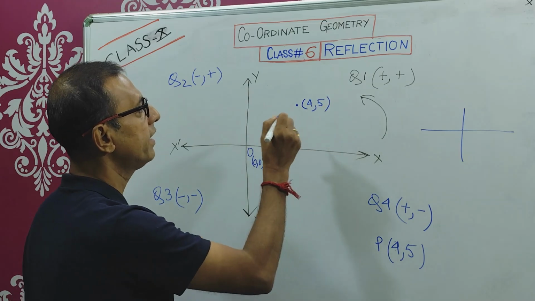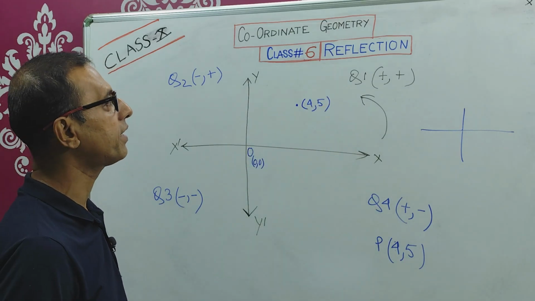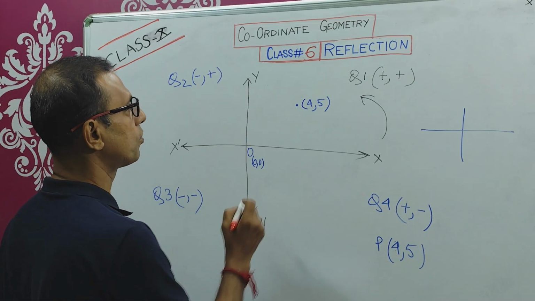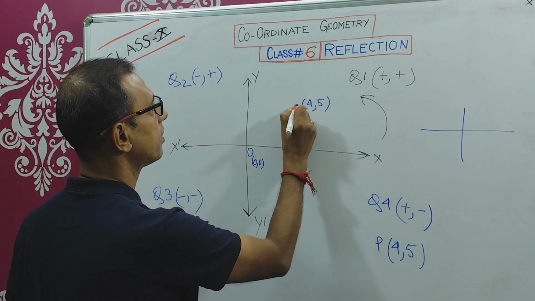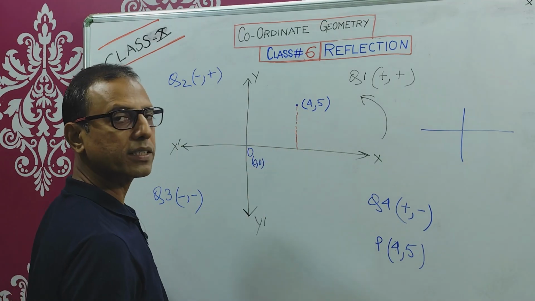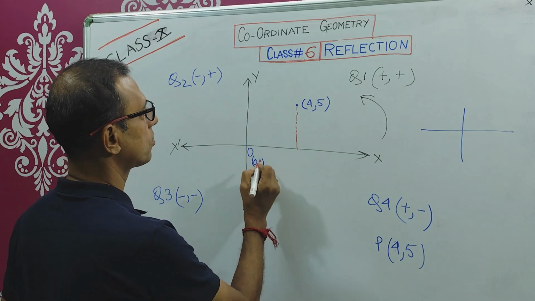If I say this point is reflecting on the x-axis, that means you will draw the perpendicular on the x-axis.